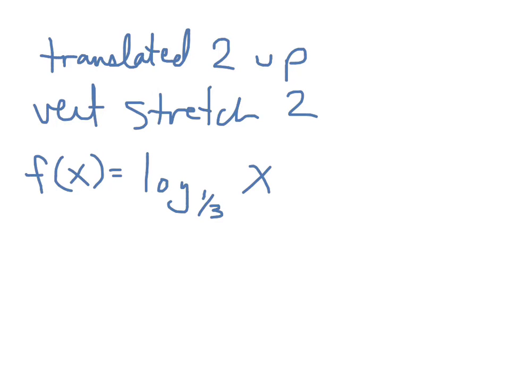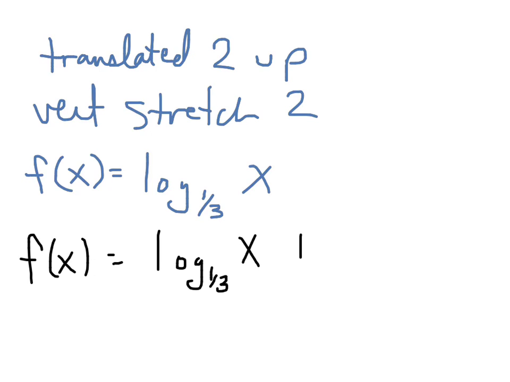So, first thing that we'd have to do is the translation 2 units up. 2 units up means what? Plus 2. On the outside or inside? So when you write that, first of all, you have log 1/3 x plus 2. If it was in parentheses, that means left 2. If it's not in parentheses, it means up 2.